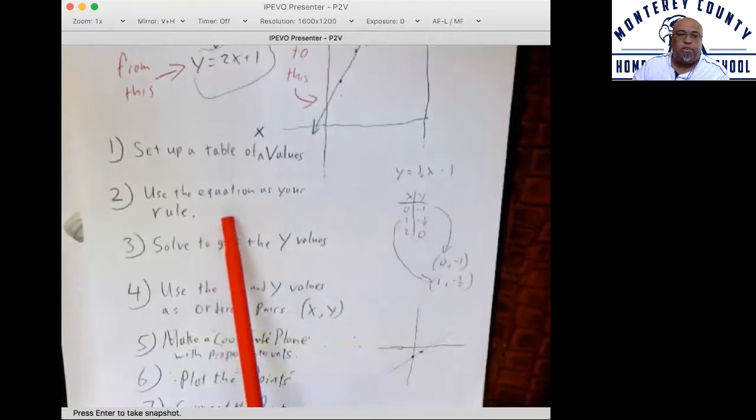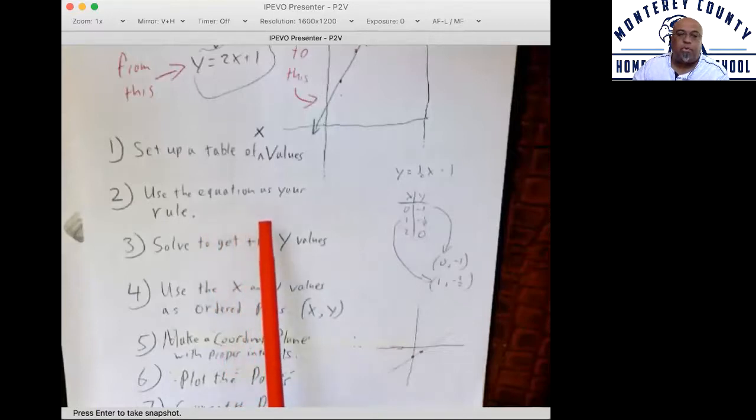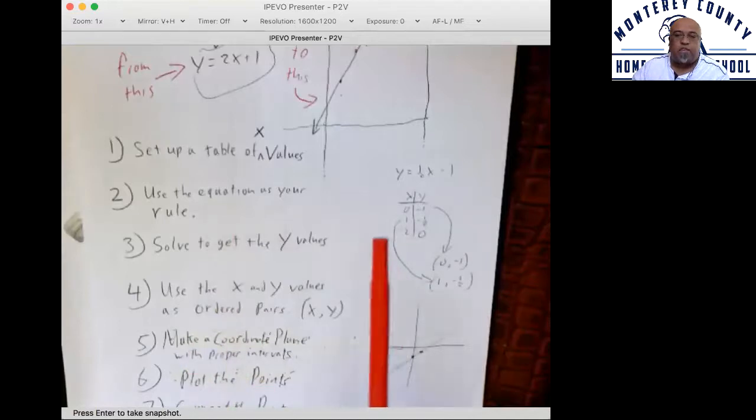So you want to use your equation as the rule. You know how when we were making some tables before, we said the rule is like 3 times x. So if x is 1, then y is 3. If x is 2, then y is 6, that type of thing. So your equation is your actual rule.